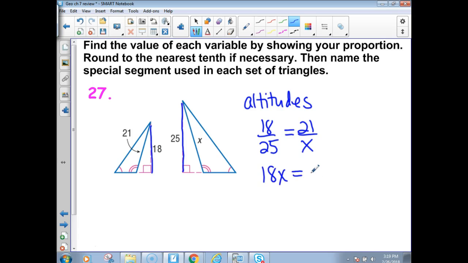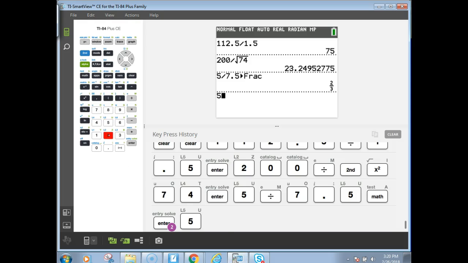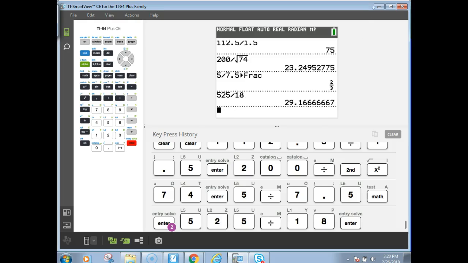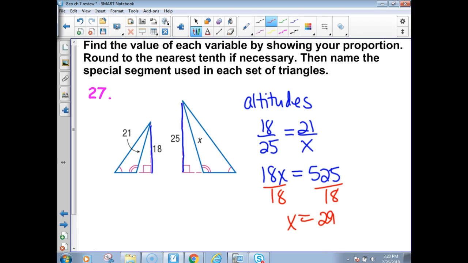Cross products, 21x is how much? 525? And then I have to divide by 18. It's 525 divided by 18. So if we wanted to round that, 29.2 approximately.